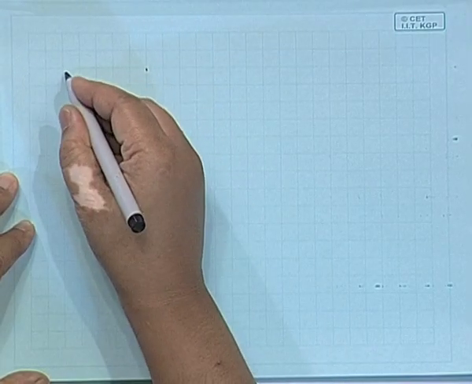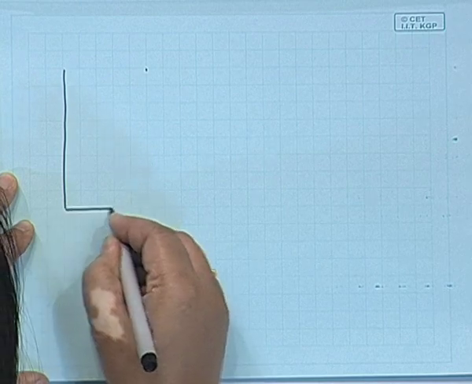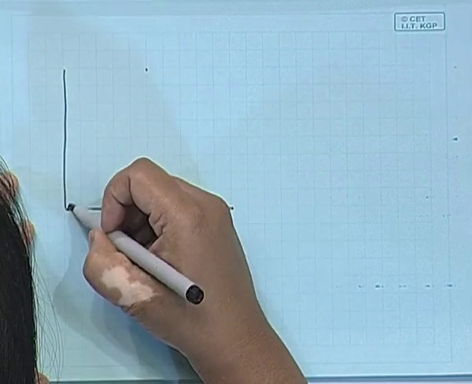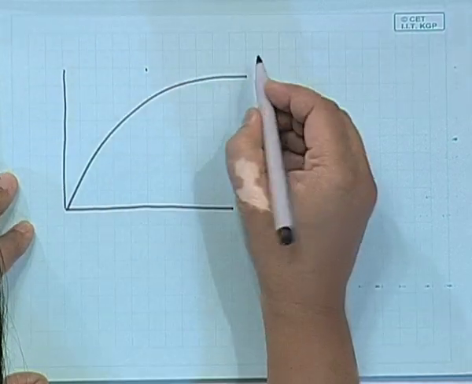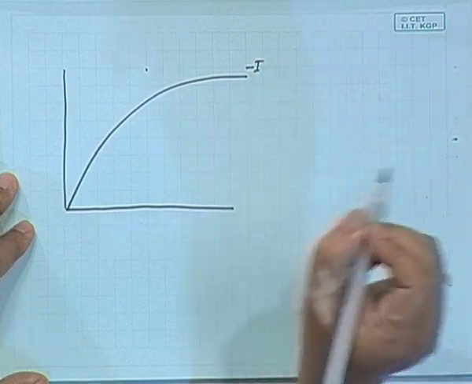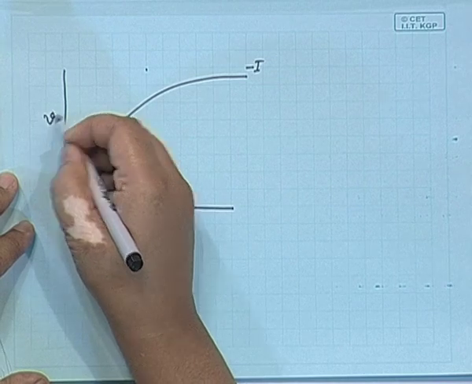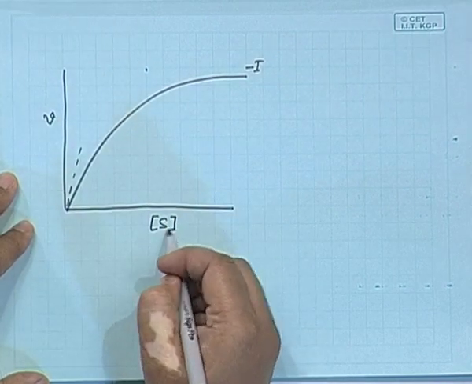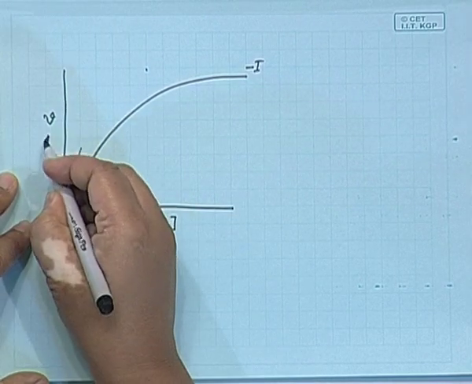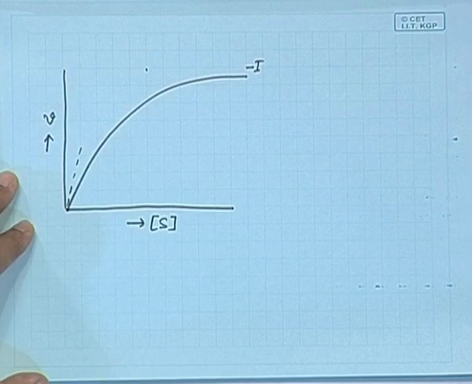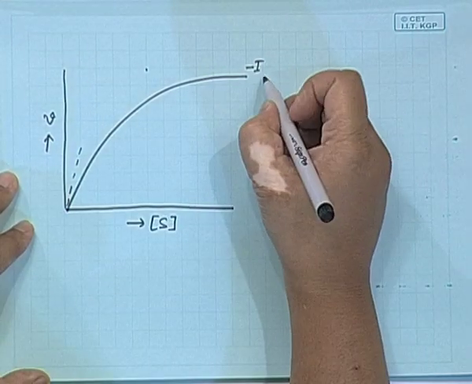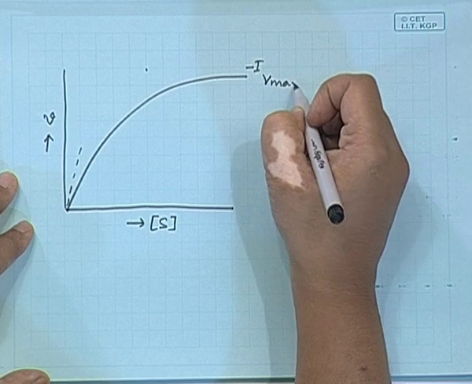Let us go back to our Michaelis-Menten. This is minus inhibitor. This is my initial velocity, this is my velocity, this is my substrate concentration. What am I saying? This Vmax will not be attained. Why?